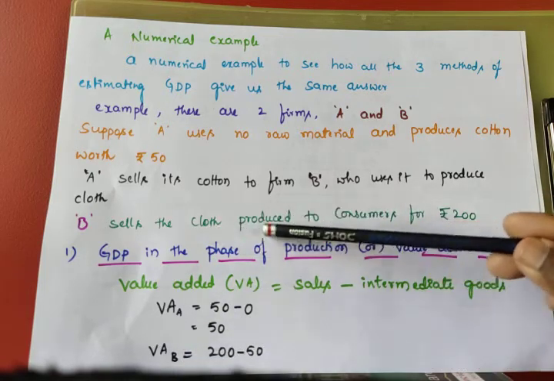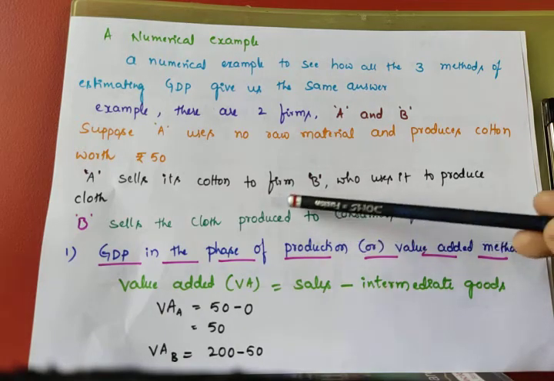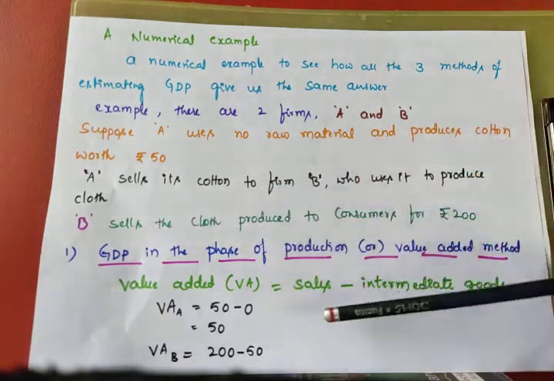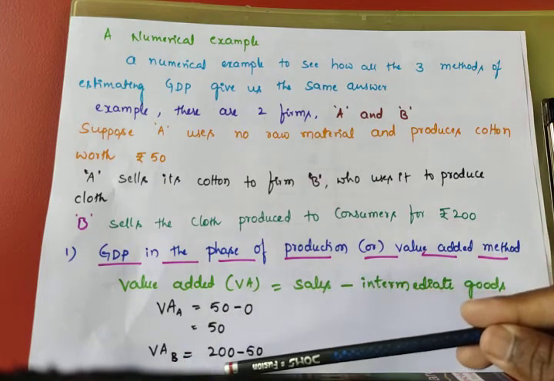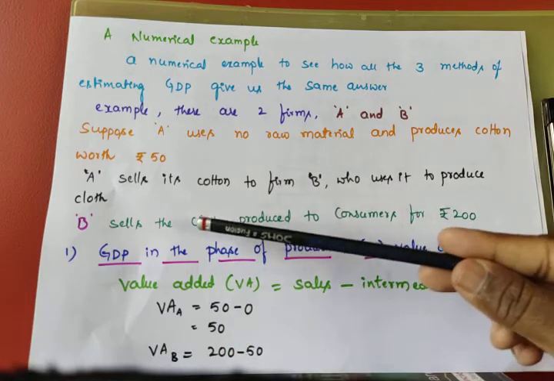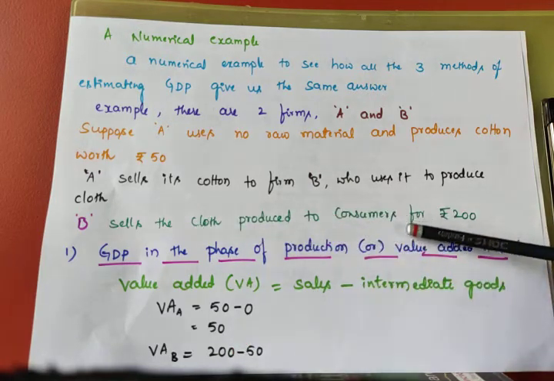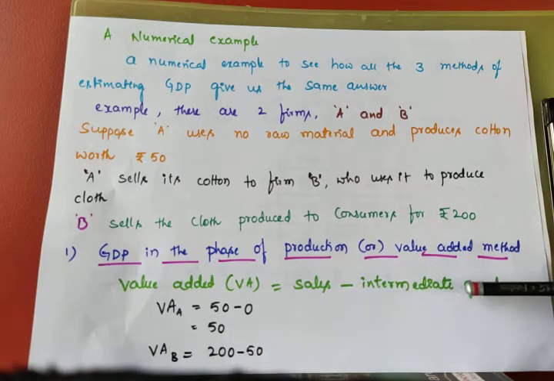Now the value added of firm B. B sells the cloth to consumers for rupees 200, so sales are 200, minus intermediate goods.